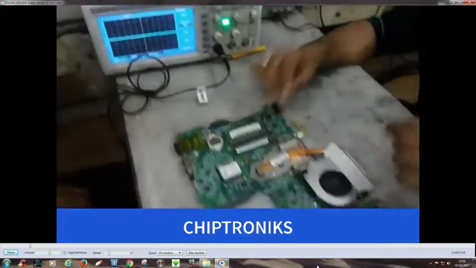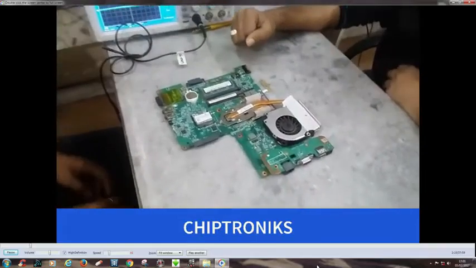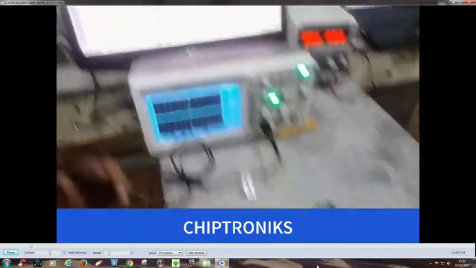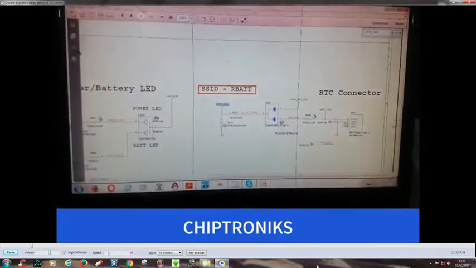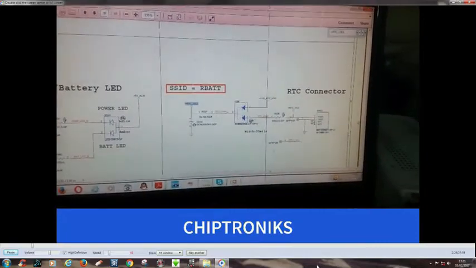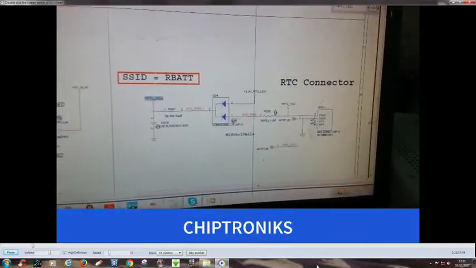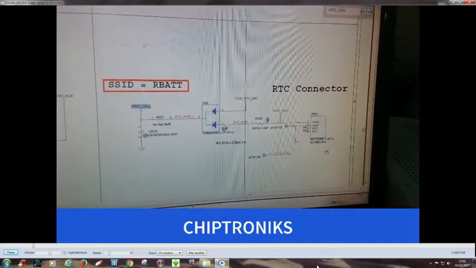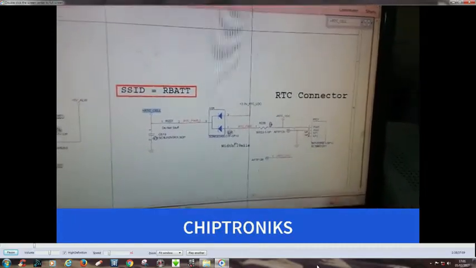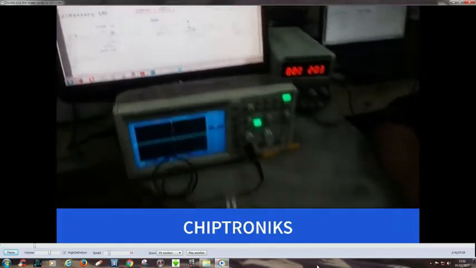So let's check over here in this motherboard for the RTC underscore cell. If this volt is not coming, that means this diode is faulty, or this resistor is faulty, or this battery is short. This battery is not having the charge. So we'll look for the signals over here.